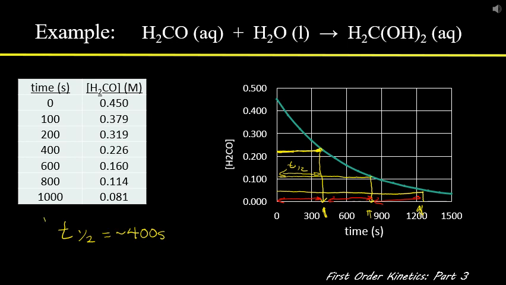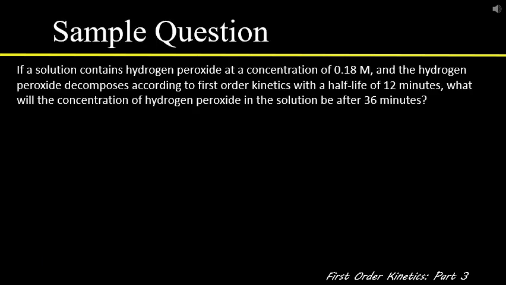So for this particular reaction, the half-life is about 400 seconds. All right, so here's a sample question. Let's say we've got a solution of hydrogen peroxide, and the hydrogen peroxide is decomposing according to first order kinetics, the decomposition reaction looks like that.